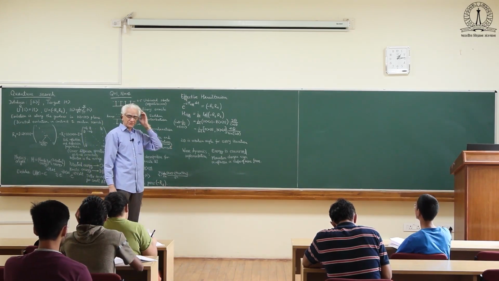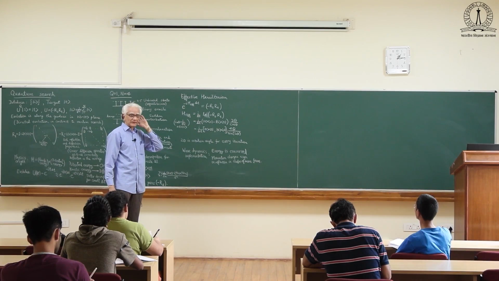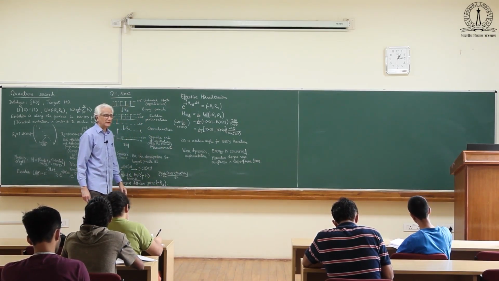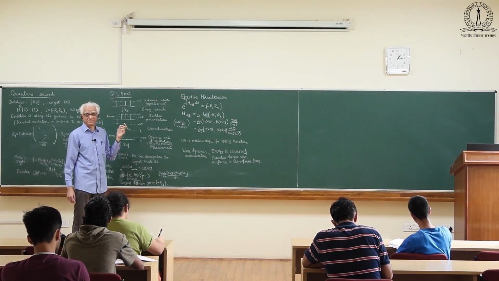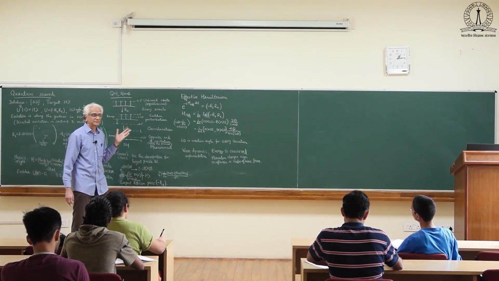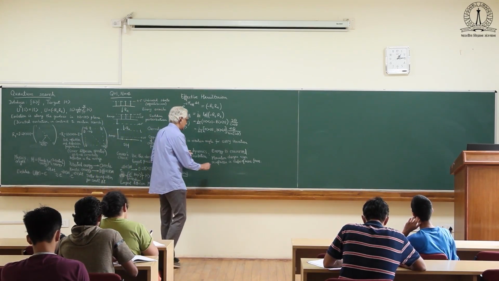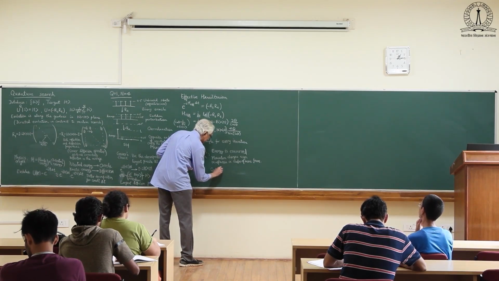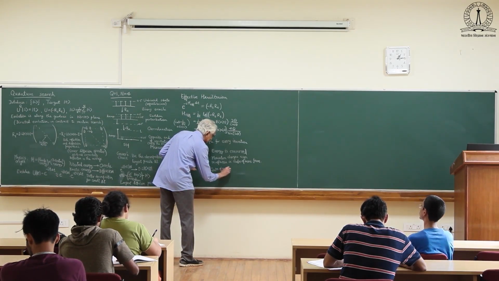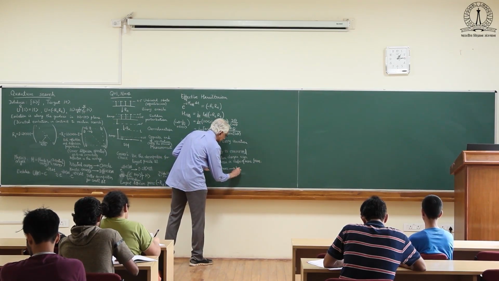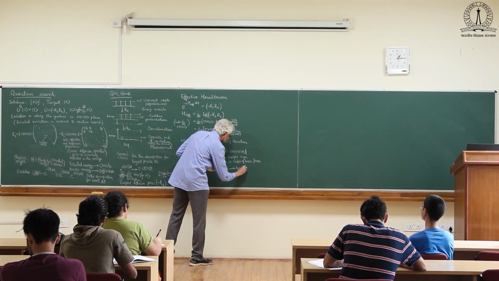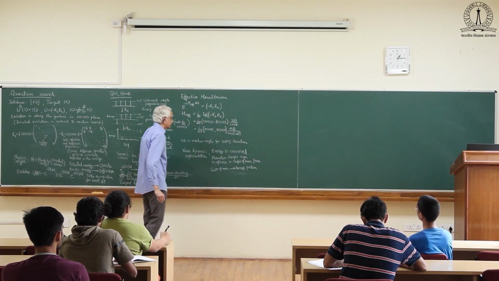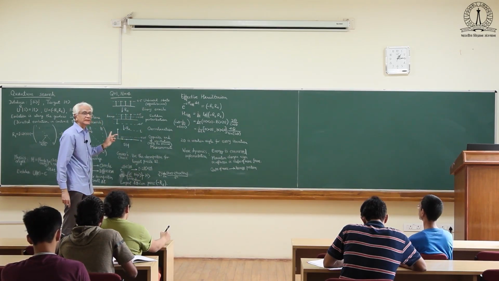How is the center of mass frame defined? Well, if you have particles of all equal masses, it is nothing but the average. Okay. So we have exactly the ingredients which we need.